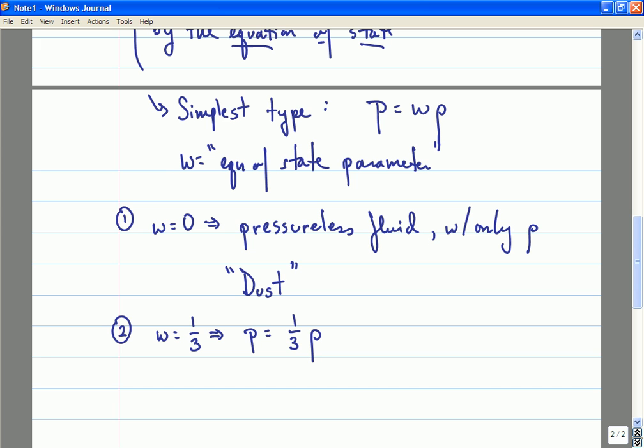So this is, in fact, the equation of state of a gas of massless particles, so of a gas of photons, for example, or any other massless particles.